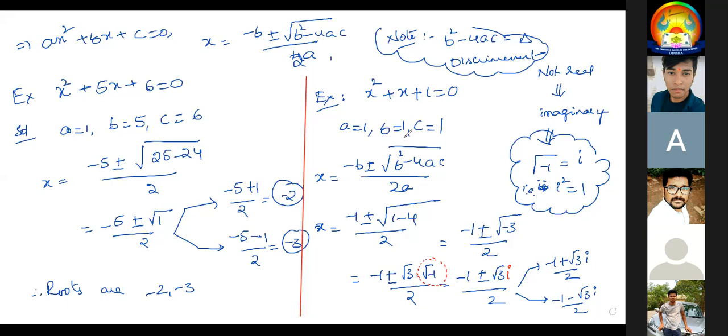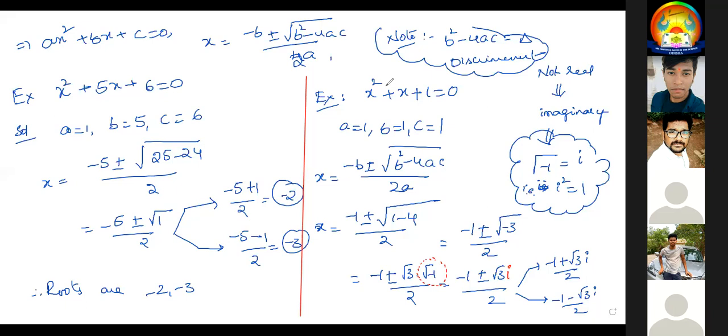Satya Swarup Patnaik, please unmute. Yeah, very good. Thank you, Satya. So the question is, among factorization and discriminant method, which method is advanced? Which method is updated? Discriminant. What is the reason?